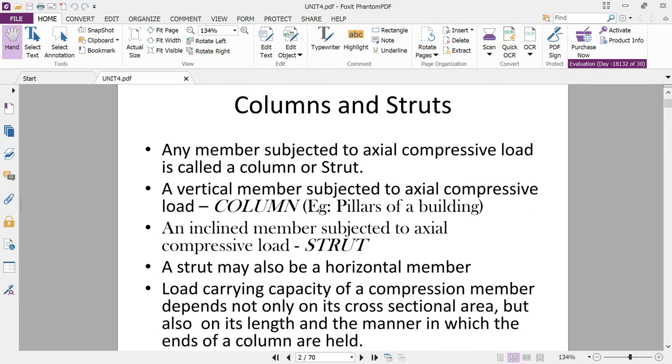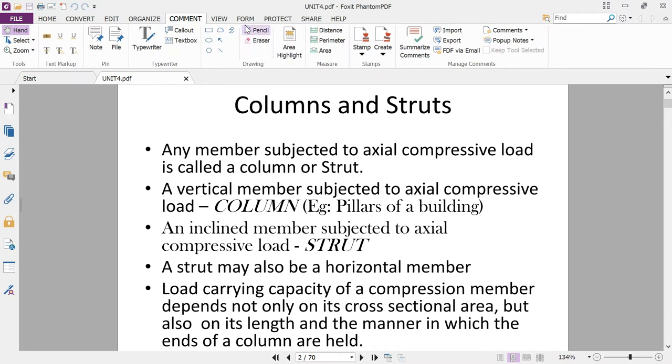The basics of columns and struts are as follows: any member which is subjected to axial compressive load is called a column or a strut.